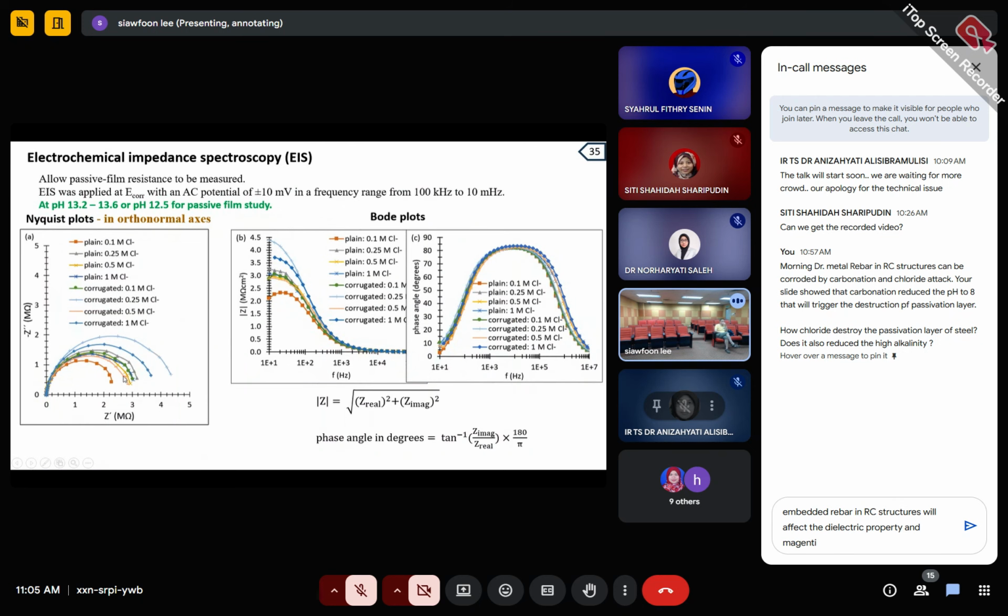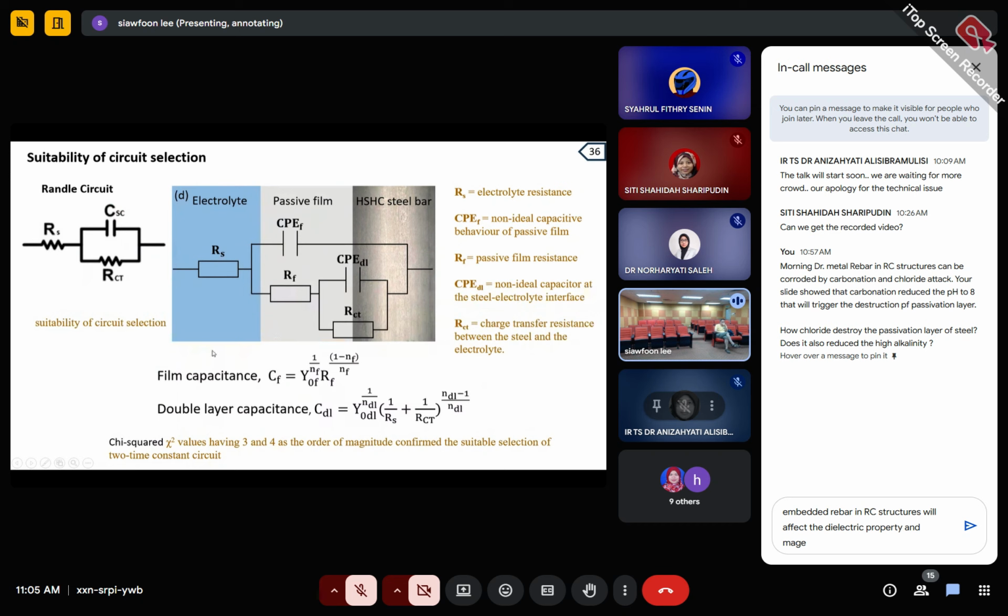So when you model this curve using this kind of circuit, you will be able to know the resistance of the passive film or the resistance of the charge transfer between the steel and the electrolyte.